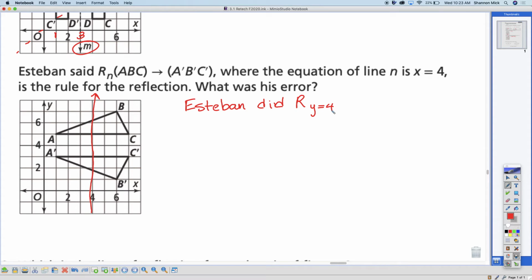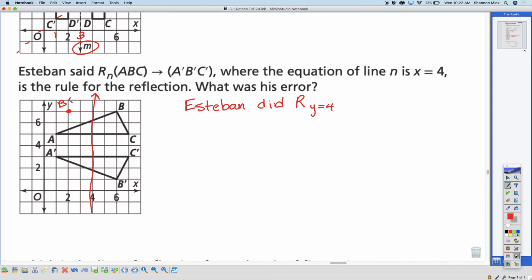So what would it look like if you guys got a pen or something? We're going to do x equals 4. So x equals 4 would just flip-flop, and my y's would stay the same, right? So B is how far from the line of reflection? 1, 2. So it needs to be 1, 2 on the other side, right? So this would be B prime right here. And C is what? 1, 2, 3.